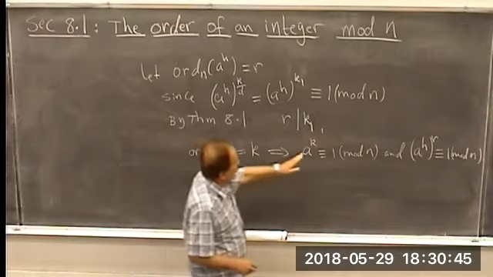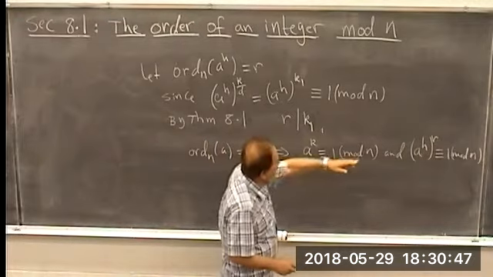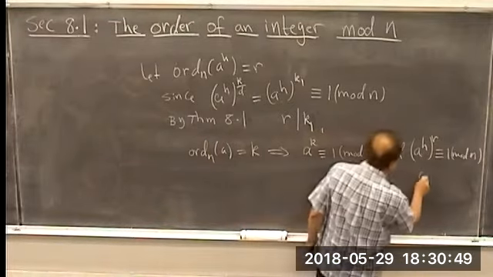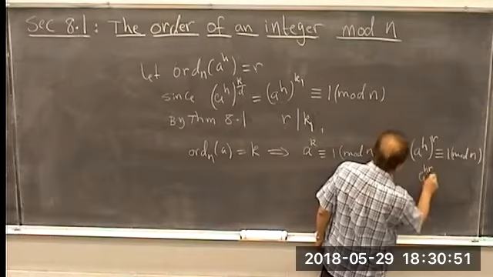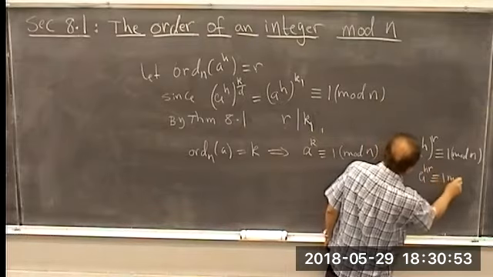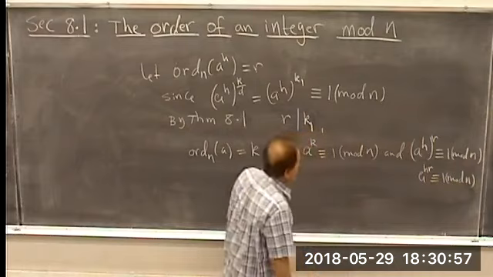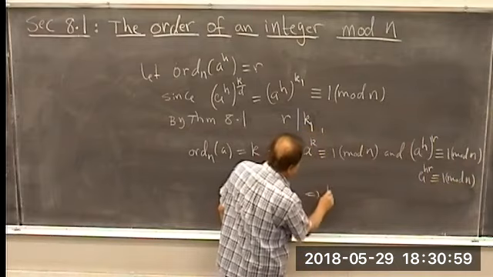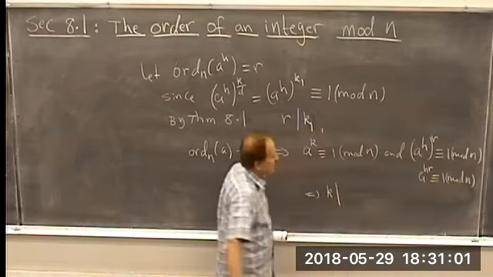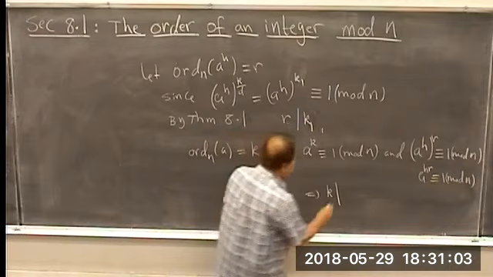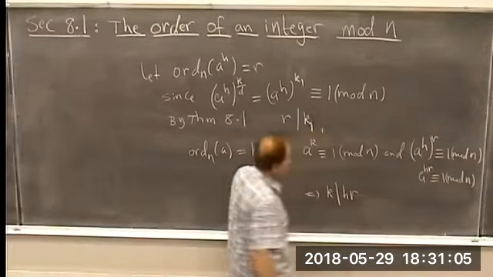But since the order of A is equal to K, and A to the H R is equivalent to 1 mod n, then this implies that K must divide H R.